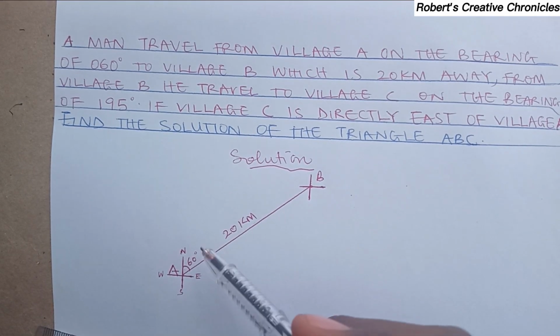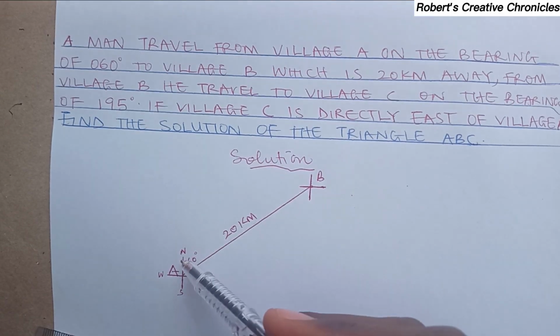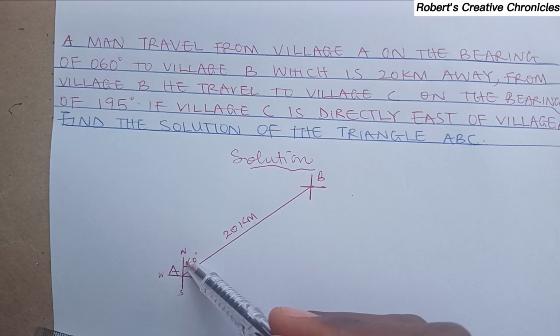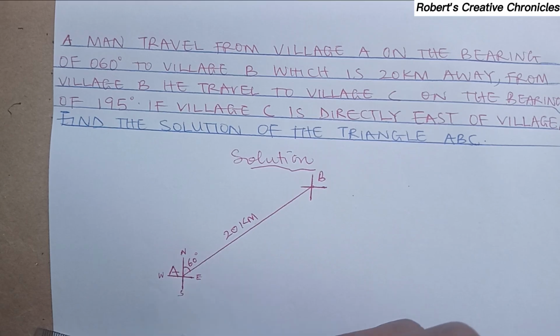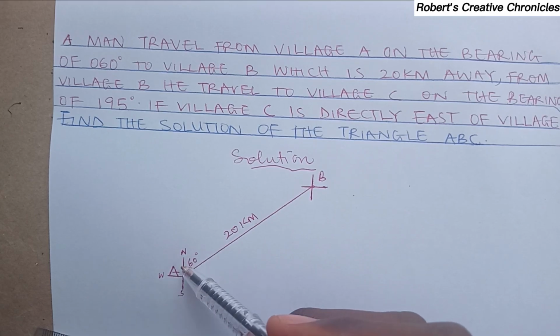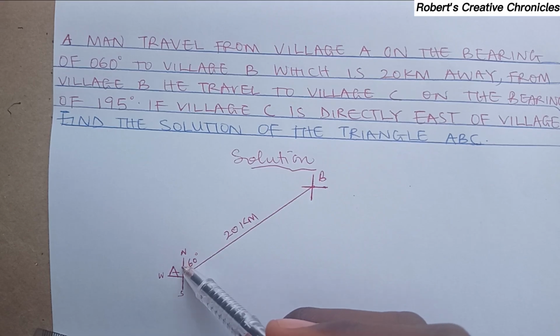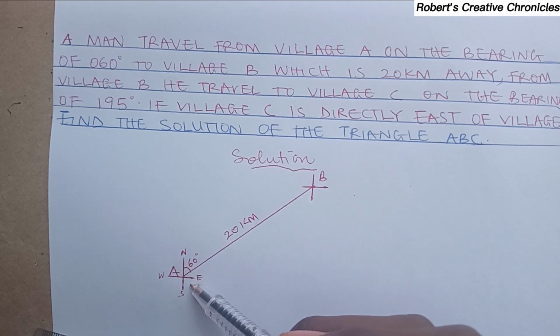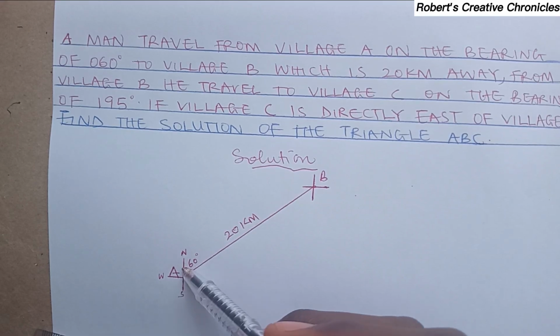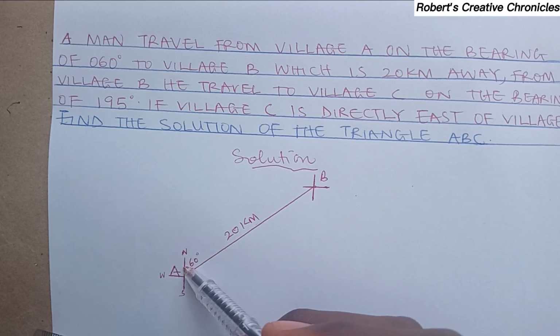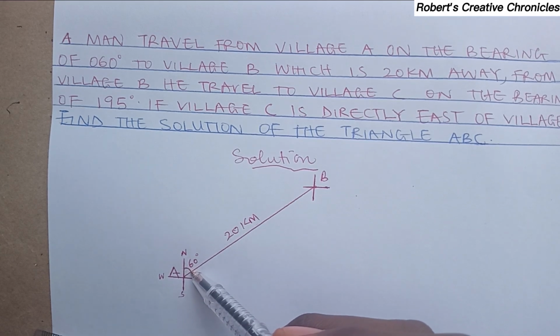So bearing is always measured from the North Pole in clockwise direction to any of the directions that was specified. So here it was specified 60, so that's why I was moving from north. We moved from North Pole to 60 degrees.